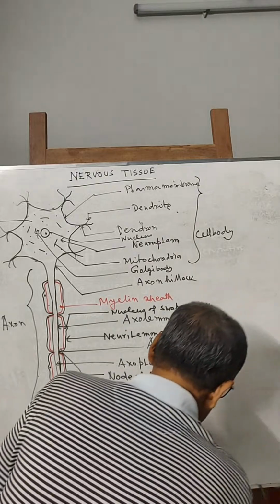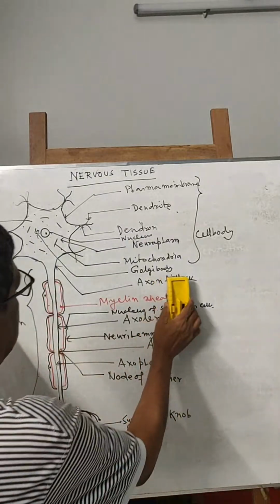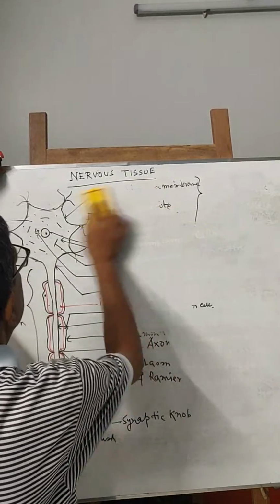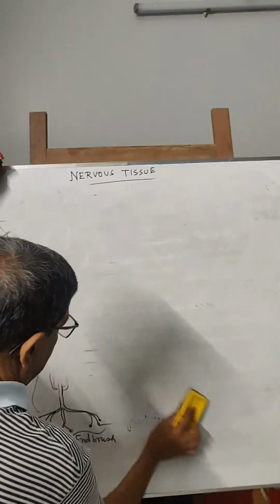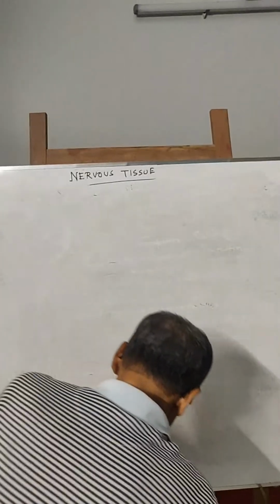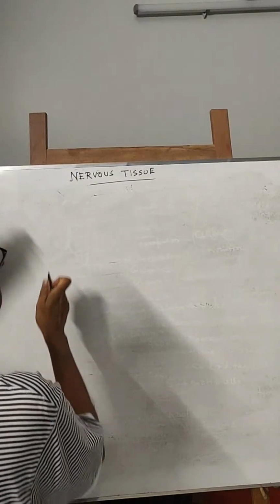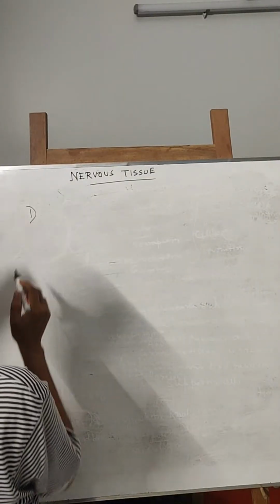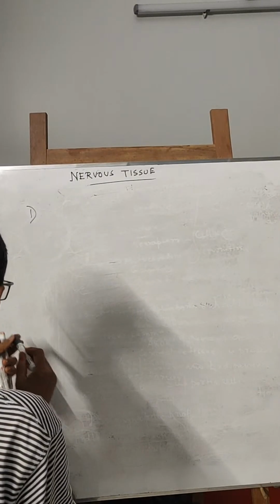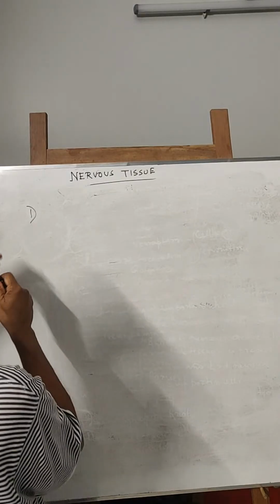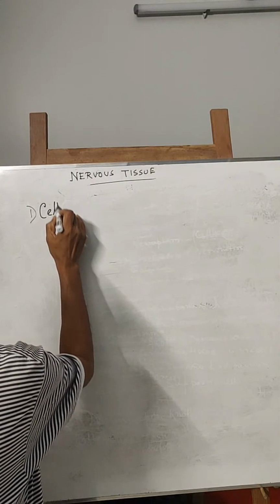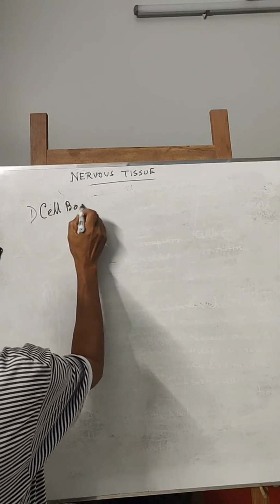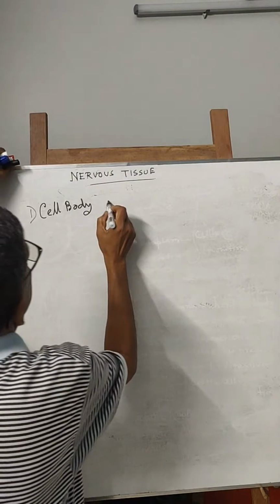Now, a neuron has three parts. One, the cell body, the cyton.